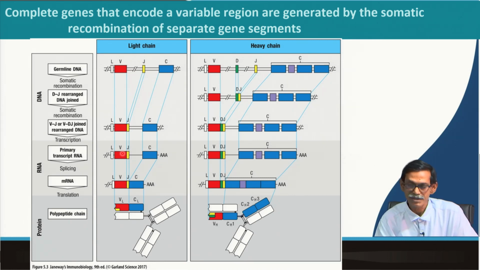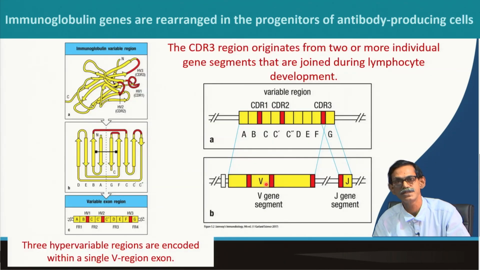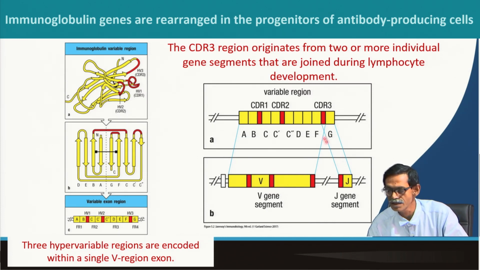So, I am going back to the previous slide. Now, you see V and J are separated, they together make the variable region, and both CDR1 and CDR2 are already present in the V segment, but CDR3 is contributed both by the V segment as well as the J segment.